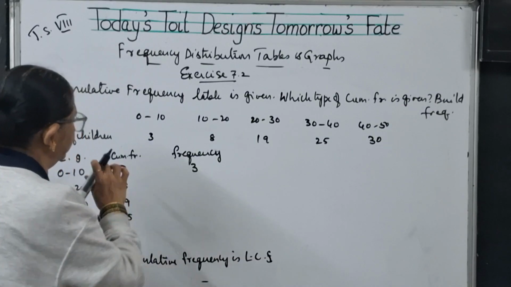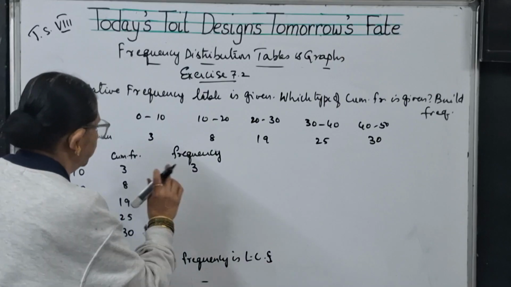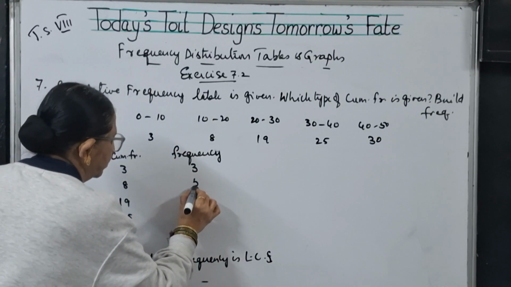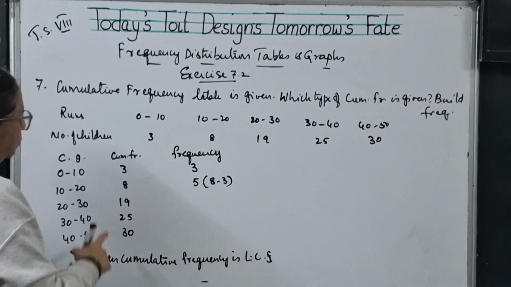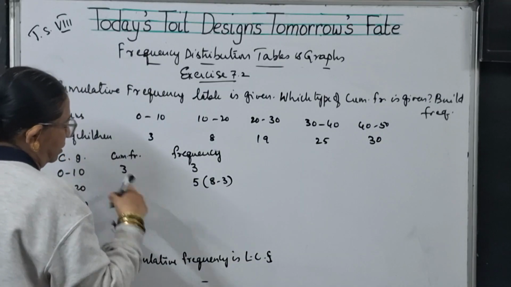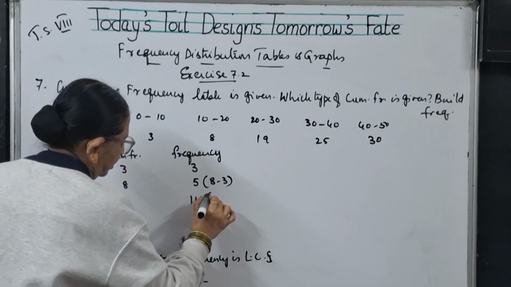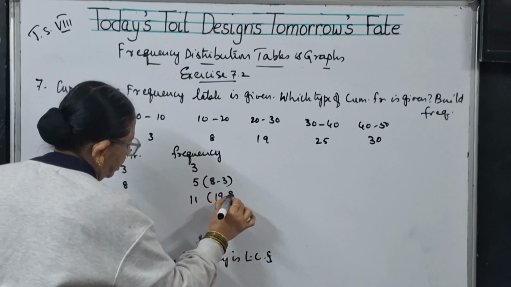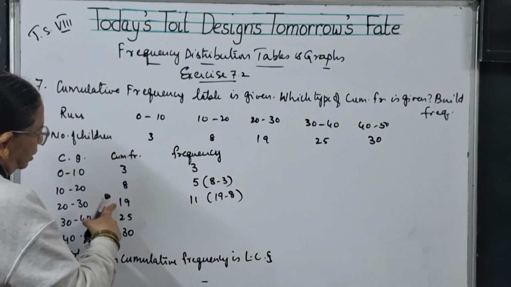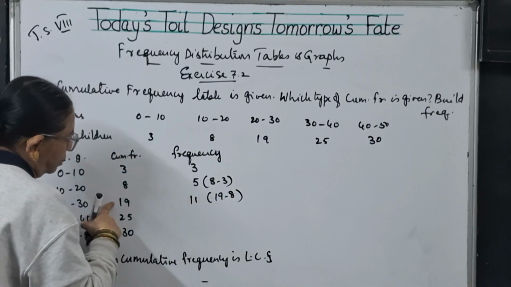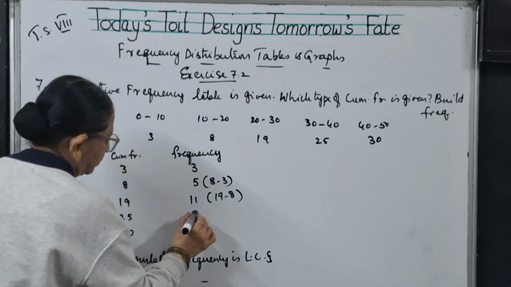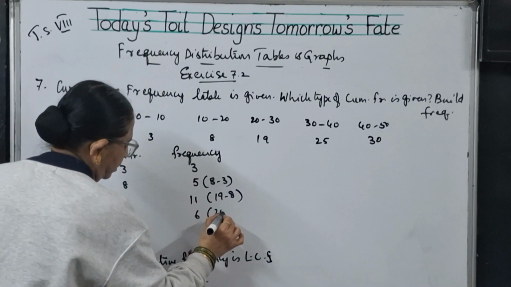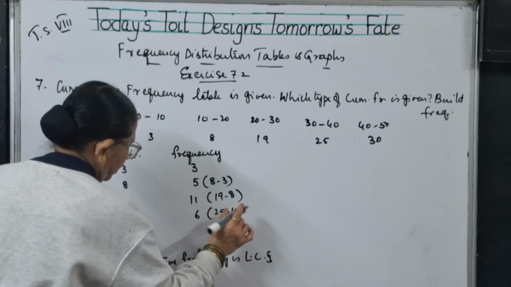That means 8 minus 3 I should write. 8 minus 3 is 5. Now 19 minus 8, that is 11. And 25 minus 19, that is 6.